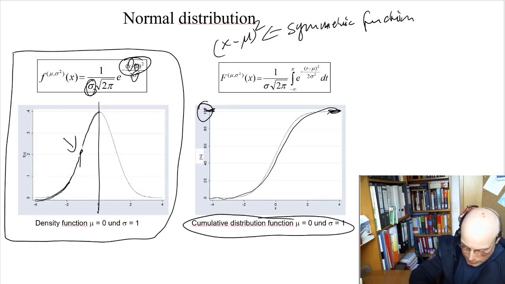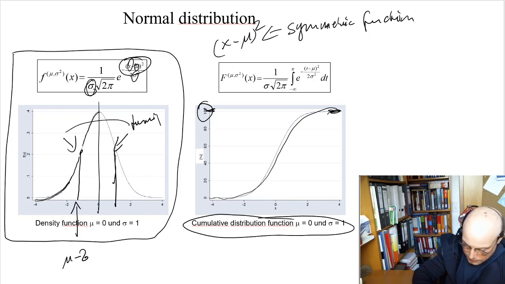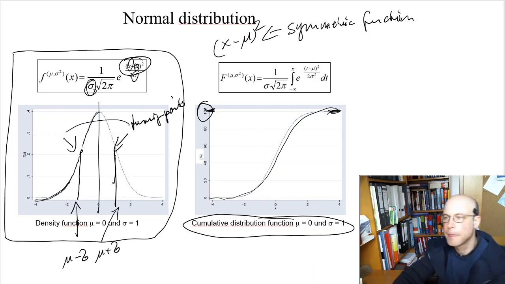If we go down here, then this point here is mu minus sigma, and these are the turning points.